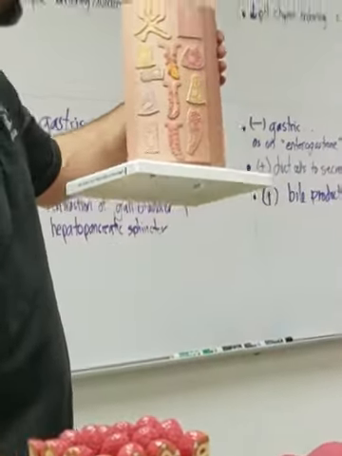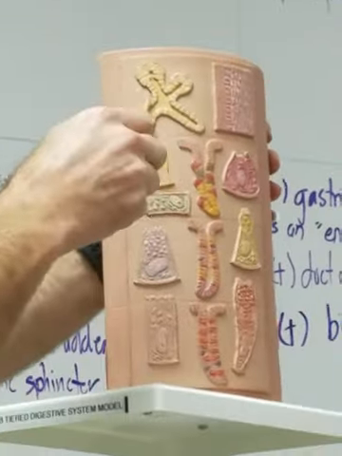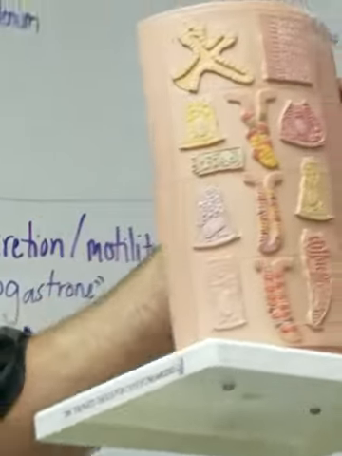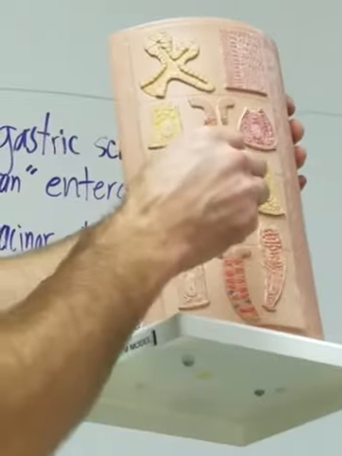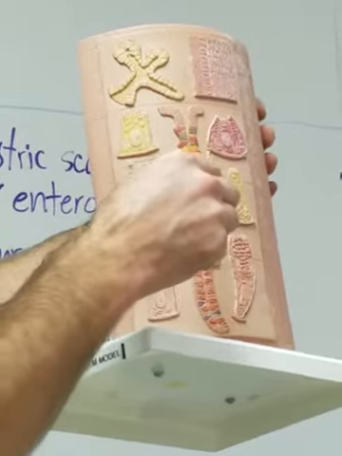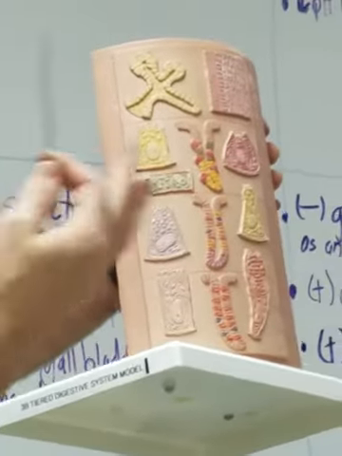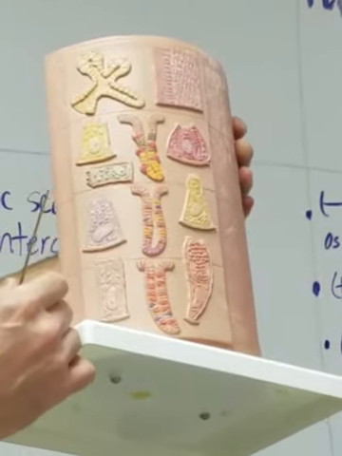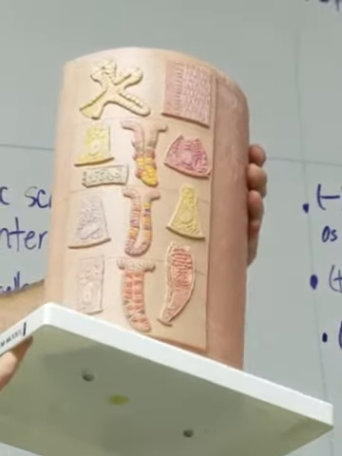And then they do a little microscopic anatomy on the back side here. So this gland is a submucosal or esophageal gland. This gland, gastric gland, it's a mucosal gland. These red ones should be the parietal cells.